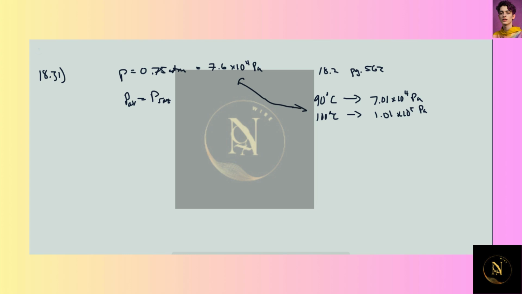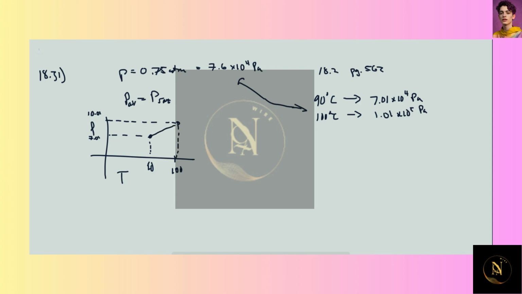So what that means is, if we can imagine these points plotted on a pressure versus temperature plot, this being 7.01 at 90, and this being 100, and this being 10.1.